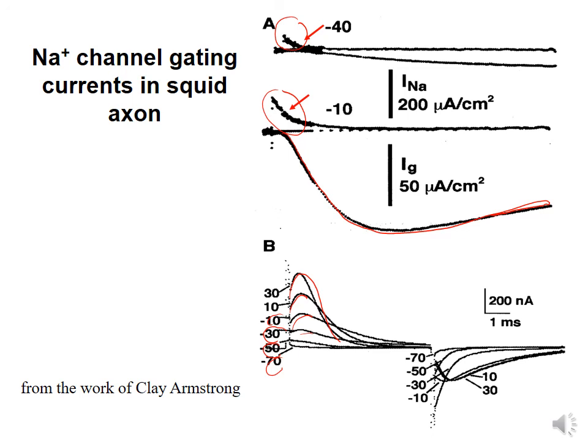Now when the cell is repolarized or goes back to the original resting membrane potential, then the gating currents would move in the opposite way and generate currents that have the opposite orientation.